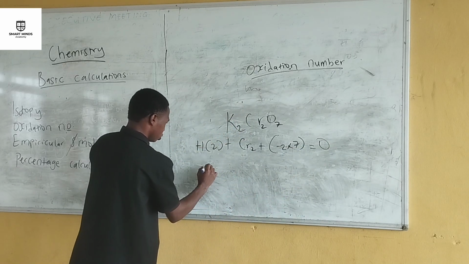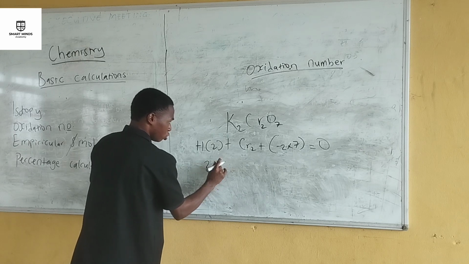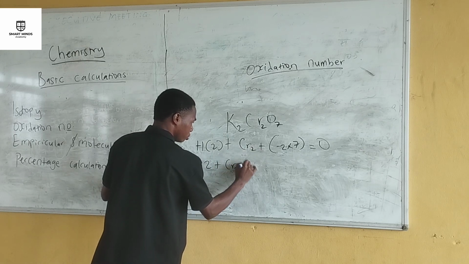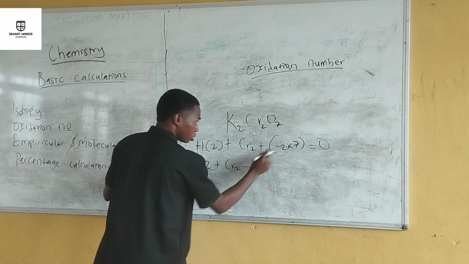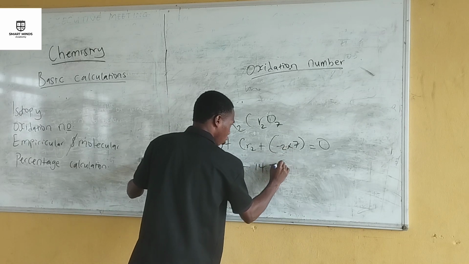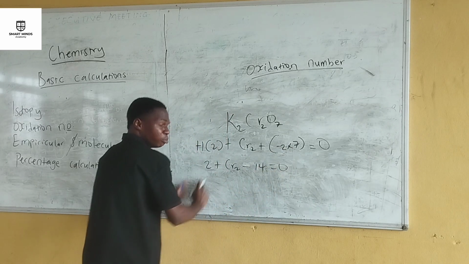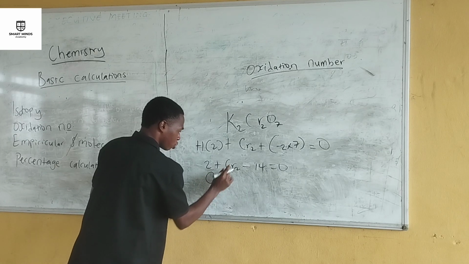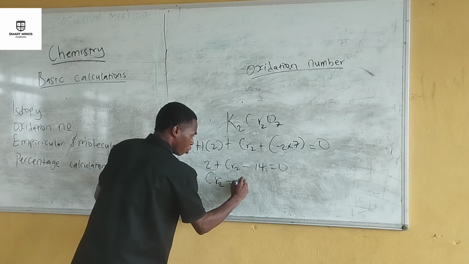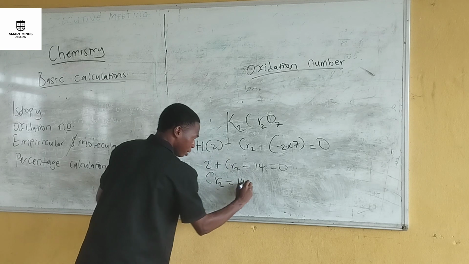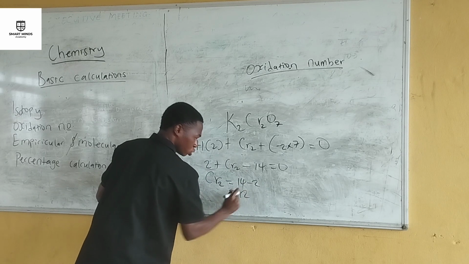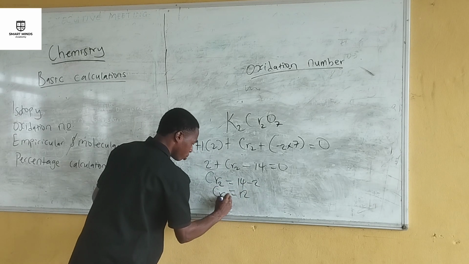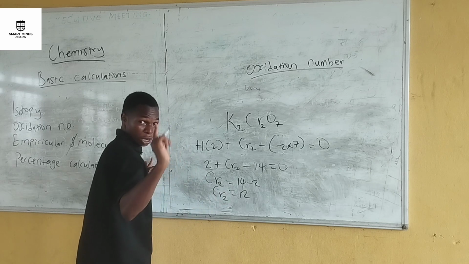This is 2 plus chromium minus 14, all equal to 0. We move this to this side, collecting like terms. We have chromium is equal to +14 minus 2, which is 12. So we have chromium to be equal to 12. We are not done.